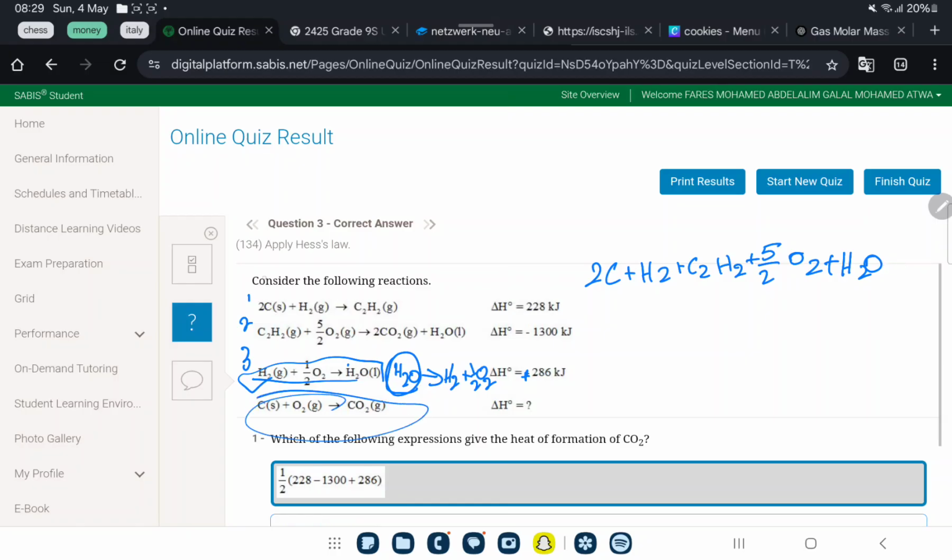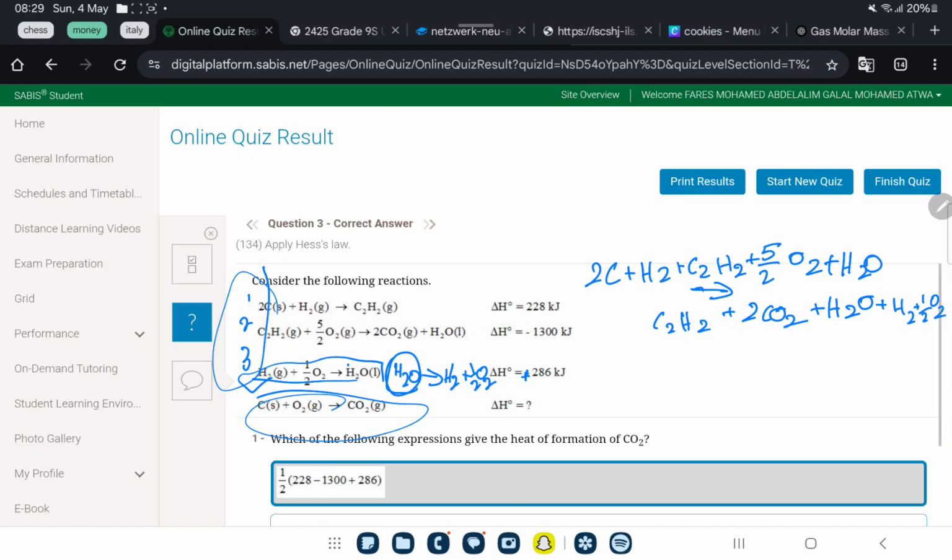Don't count the last one, just do the first three, and then it gives C2H2 plus 2CO2 plus H2O plus H2 and half of O2.